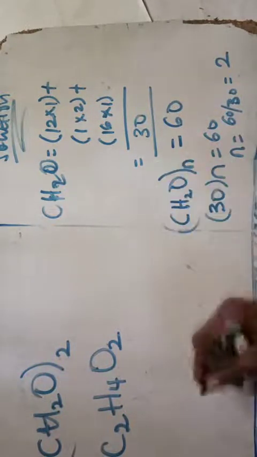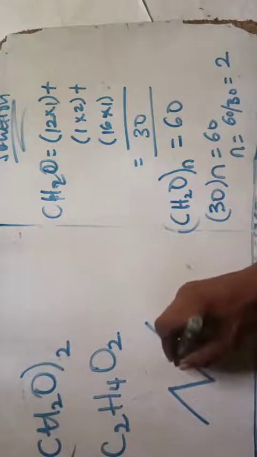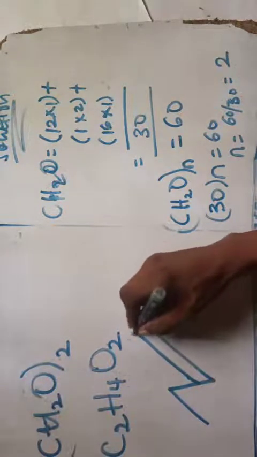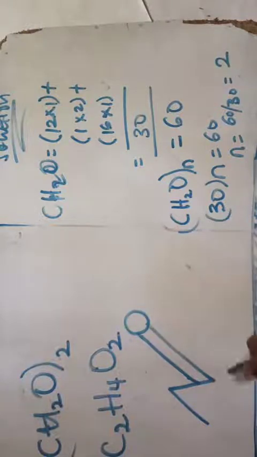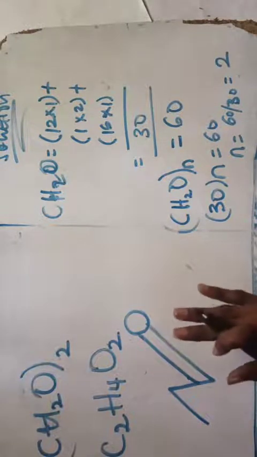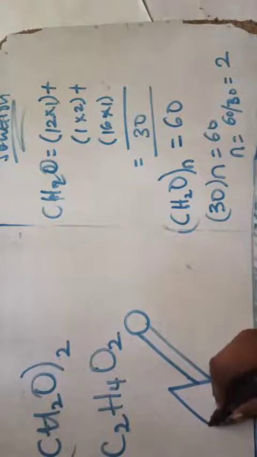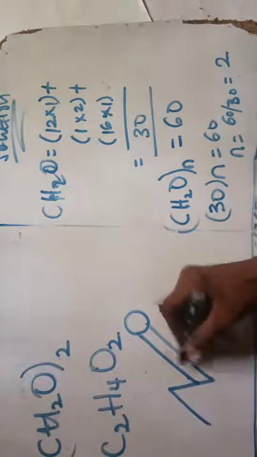Also, consider this example. Look at this question. This kind of question is very simple. You just count 1, 2, 3. You know this double bond.